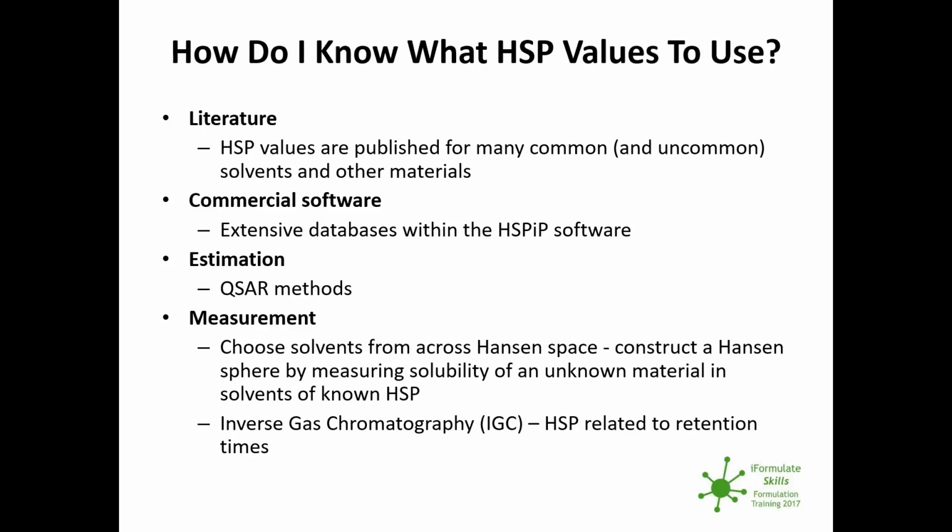So you can actually choose solvents from across Hansen space and then construct your Hansen sphere and use that to determine the solubility parameters of an unknown material by using solvents of known HSP values. And there are also methods using chromatography, inverse gas chromatography, whereby the HSP values are related to retention times in particular solvents.